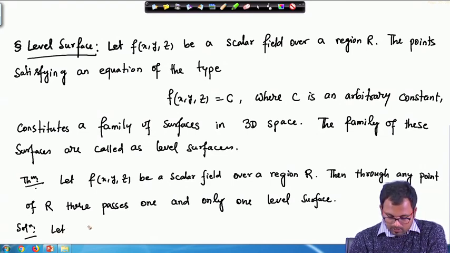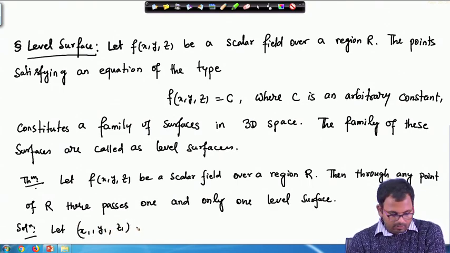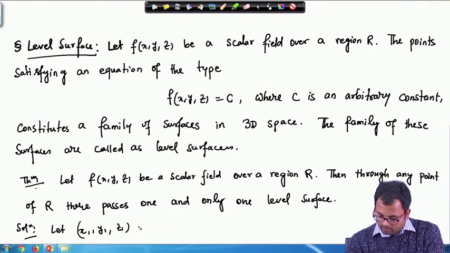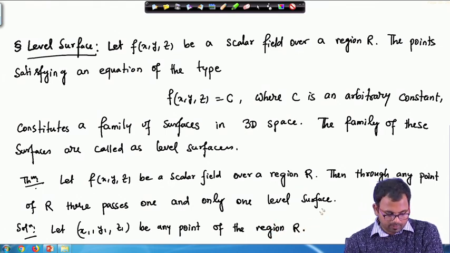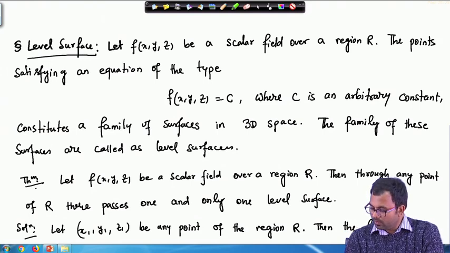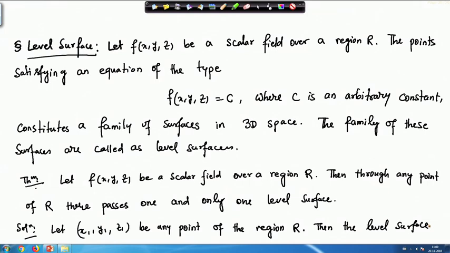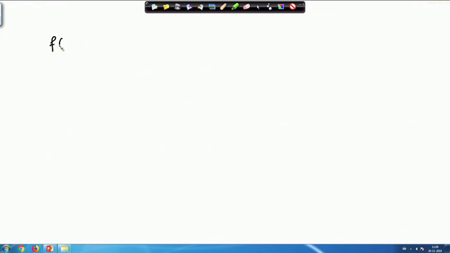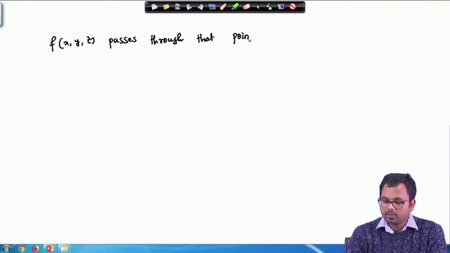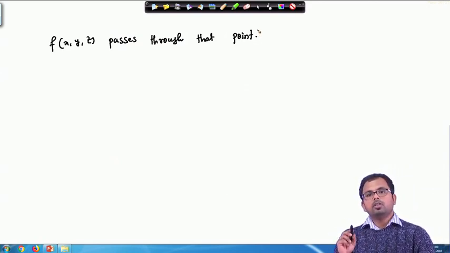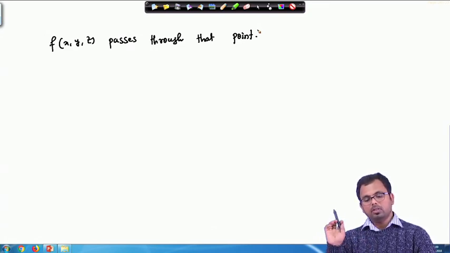let (x1, y1, z1) be any point of the region R, then the level surface f(x, y, z) passes through that point, because f(x, y, z) is a level surface in R. So, if we have a point (x1, y1, z1) in R, then f(x, y, z) equals c will pass through that point.